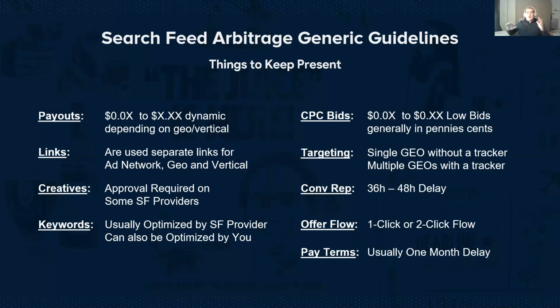Now, as I said earlier, the offer flow will differ depending on the search provider or search engine. It can be a one-click flow or a two-click flow, and generally speaking, the conversions or the revenue generated from the conversions tend to take up to 36 or 48 hours to be confirmed.